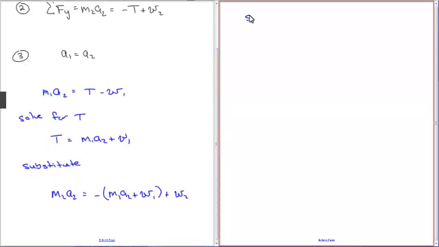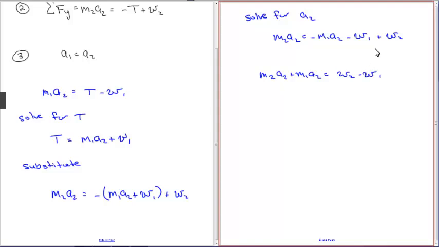Now, what we're going to do is solve for a2. So that's just algebra. The first thing we're going to do is multiply out this negative, so we distribute the negative sign to both parts. And then we'll add this to both sides, which will give us m2 a2 plus m1 a2 is equal to w2 minus w1.